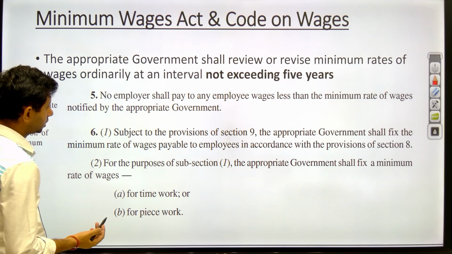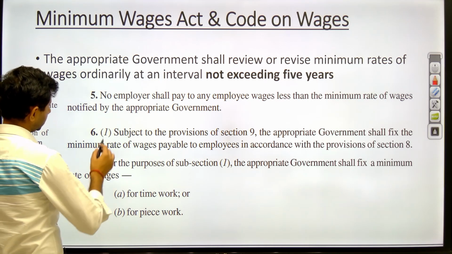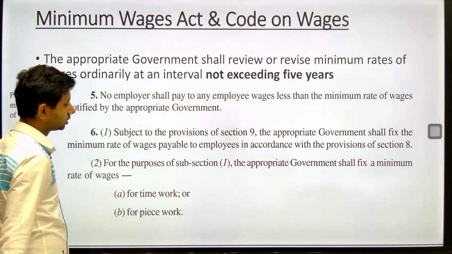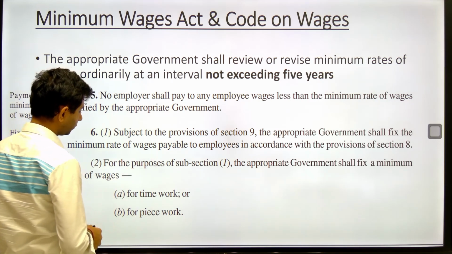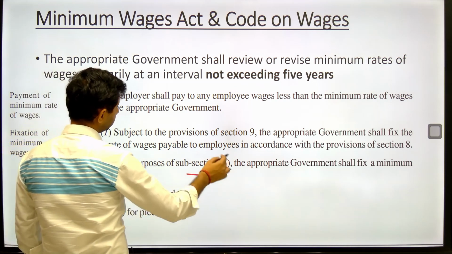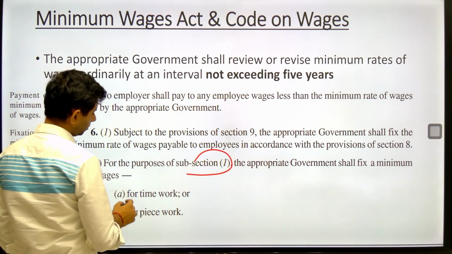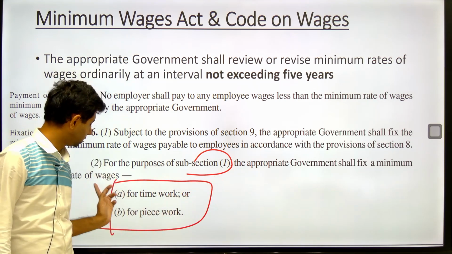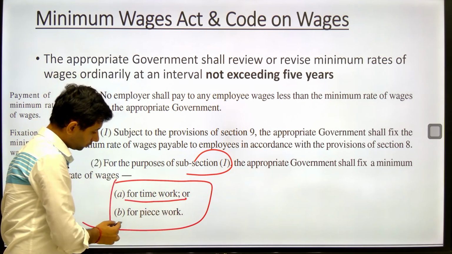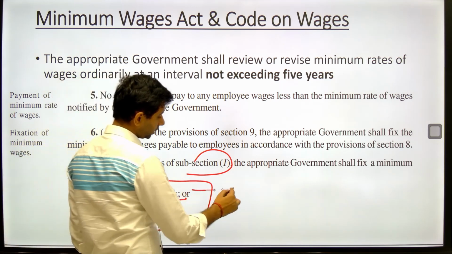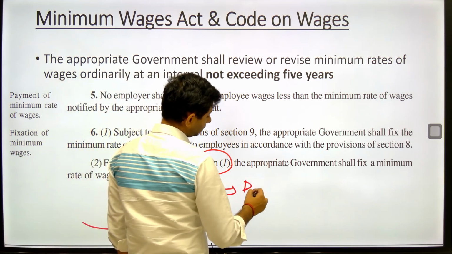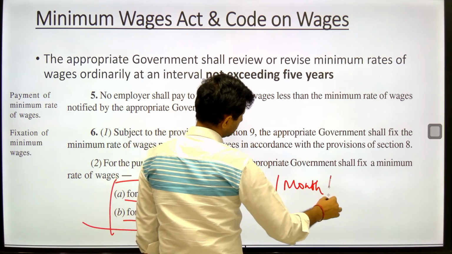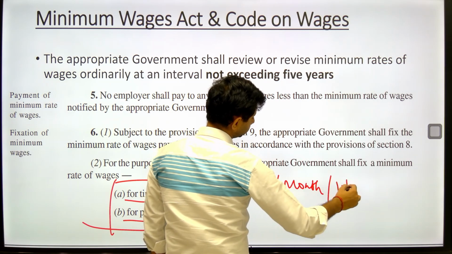And some other provisions are also there, that no employer shall pay to any employee wages less than the minimum rate of wages, which is self-explanatory. And for the purpose of subsection 1, which is the minimum rate, the appropriate government shall fix minimum wages for time work and for piece work. So time work is self-explanatory, that is per day wage, per month wage, or per week wage.